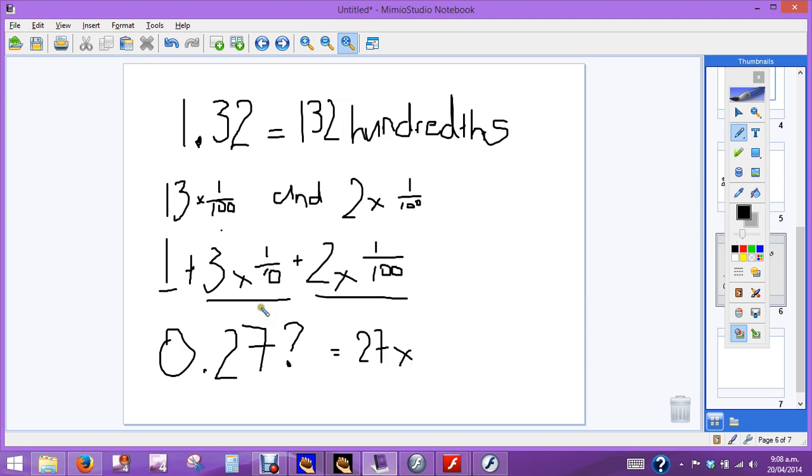And I know I've got 7 hundredths, so I look at this place value, I've got 7 hundredths, but to the left I've got 2 by 10 more hundredths. So that's 20. So I've got 27 hundredths. I can also write that, you should be familiar with this, as 27 over 100.